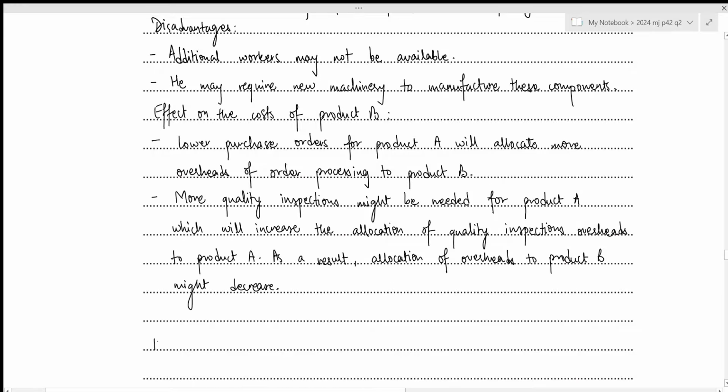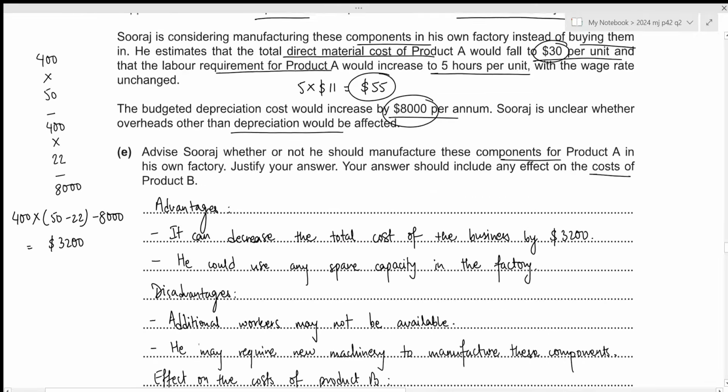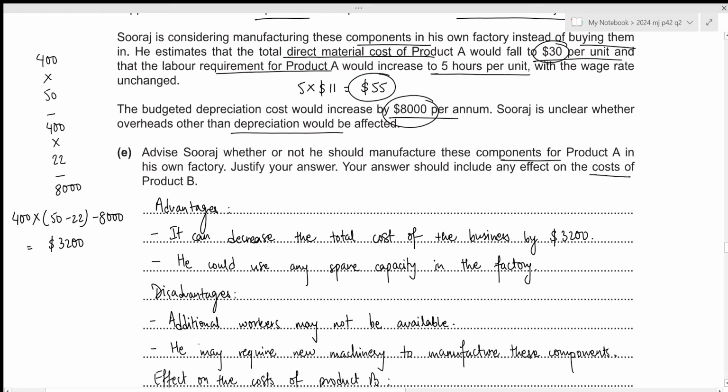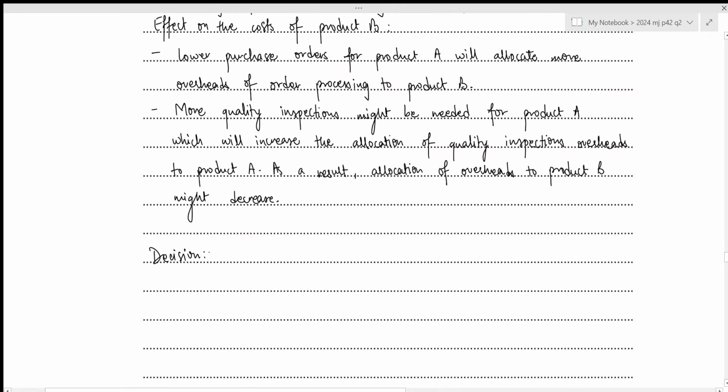Now, based on these factors, we need to make a final decision. Personally, I would suggest that Suraj should manufacture these components for product A in his own factory, as he will not be dependent on supplier. Let's write it down.